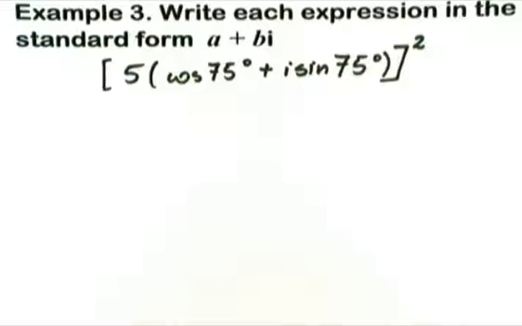Example 3, write each expression in the standard form. We have 5 cos 75 plus I sine 75, all to the power 2.